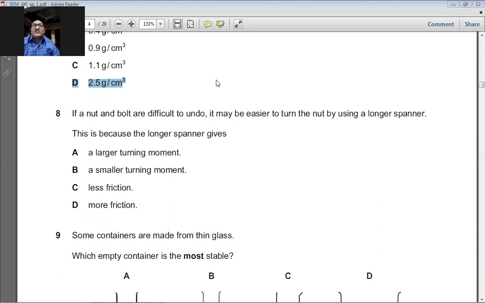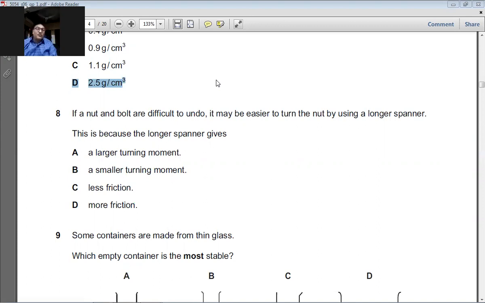This is because the longer spanner gives... You see, if you use a longer spanner, the longer spanner actually increases the moment arm. So the moment is equal to the force multiplied by the moment arm. And if the moment arm is longer, larger, the turning effect will also be larger, or the moment will be larger. So this is because the longer spanner gives a larger turning moment.